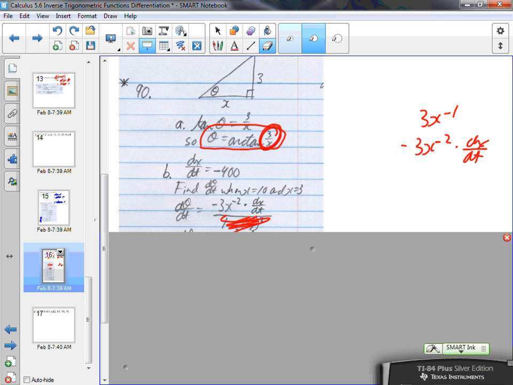Wow, this looks like an AP problem. Okay? So that's u prime. Then the bottom was 1 plus u squared. So 1 plus (3 over x) squared. That's dθ/dt. Let's clean it up a bit.